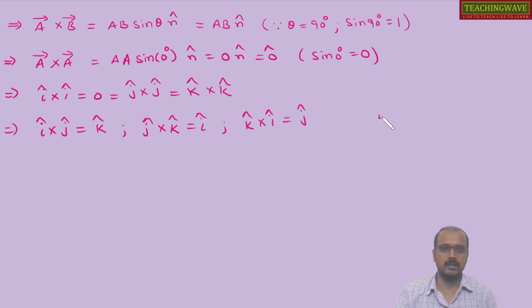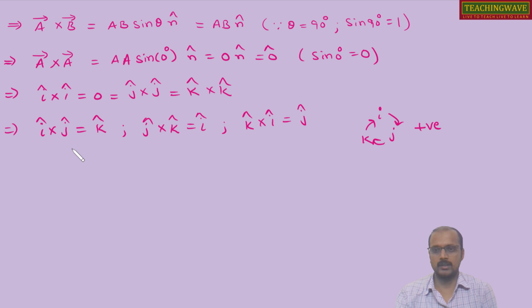That means in a cyclic order, I, j, k gives a positive directional manner.